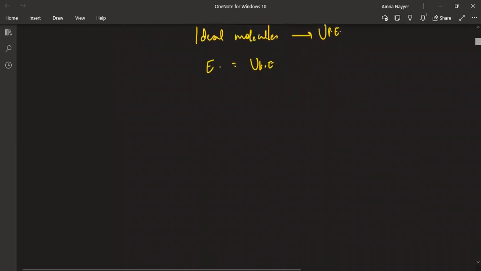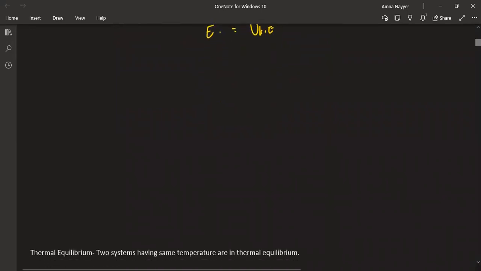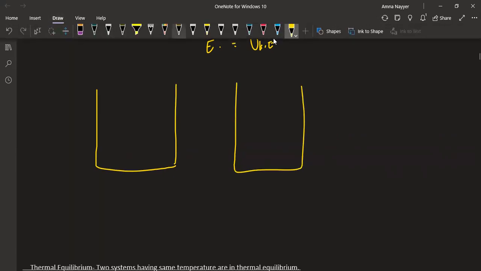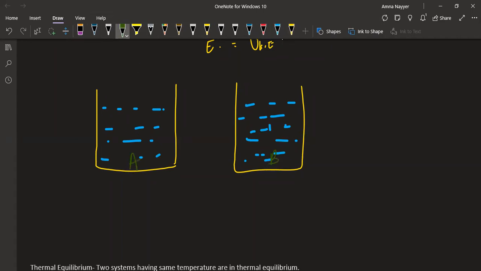Now listen to this. This is important. I have taken two containers. This is one container, this is another container. And I have filled both the containers with some amount of molecules. These are random, not water, any random molecules. This is A, this is B. Fine.